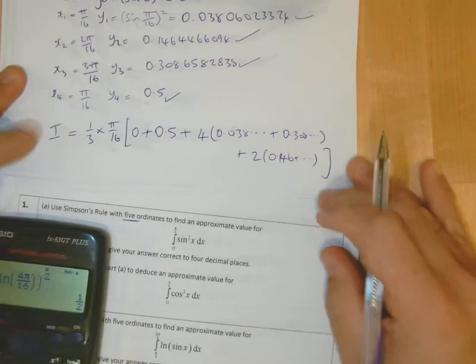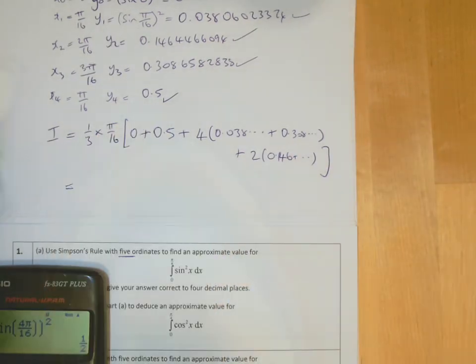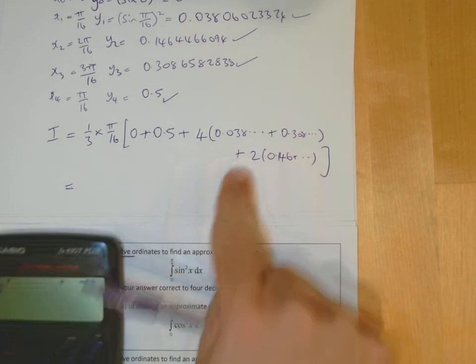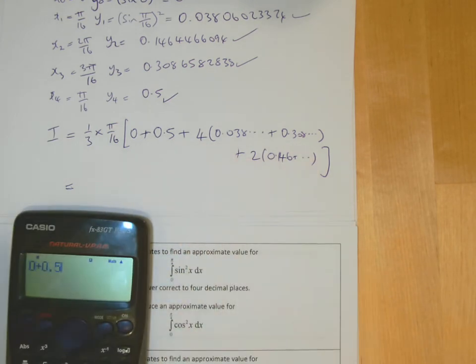Just use it properly. When it comes to working this out, what I tend to do is work out all the bracket stuff first. So 0 plus 0.5 plus 4 times the odds, which is 0.03806023324, plus y3, 0.30865882835, close bracket, plus twice the even, which was 0.14644669094.